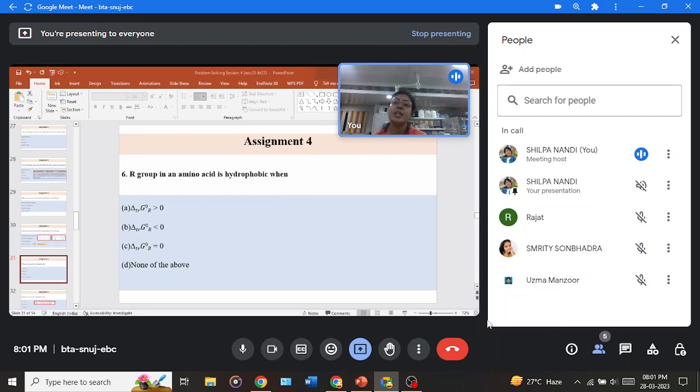So question number 6 is: the R group in an amino acid is hydrophobic when, option A, the Gibbs free energy of transfer is greater than 0; option B, the Gibbs free energy of transfer is less than 0; option C, the Gibbs free energy of transfer is equal to 0; and option D, none of the above.